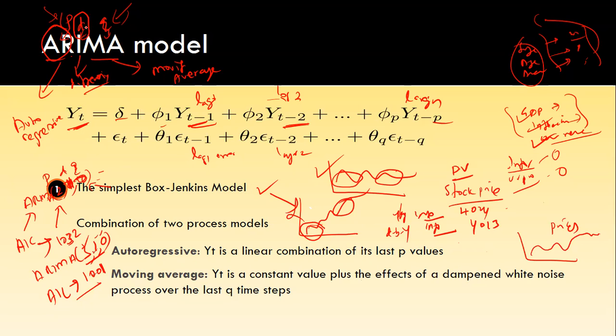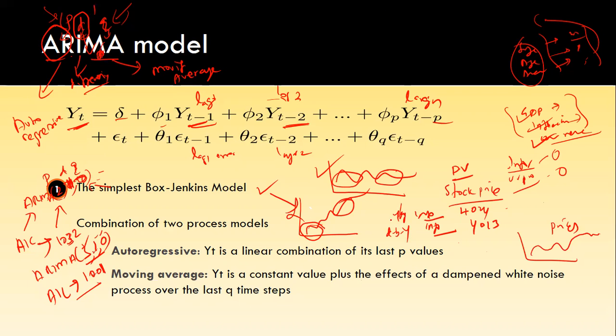That is where you need to specify how many times you need to take the differencing. So this is to convert your non-stationary data into stationary data. That's all. It's very simple.